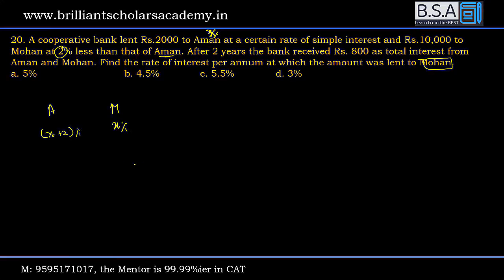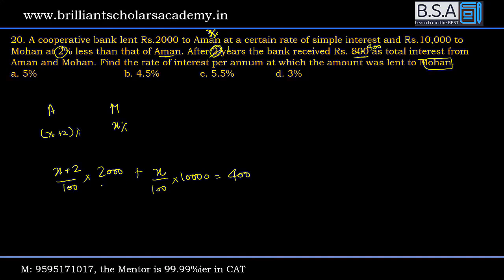So here, go directly for calculations. 2 years earning is 800. So 1 year's earning will be 400 rupees. So I can say now x plus 2 upon 100 for 1 year on 2000, and x percentage on 10,000 is equal to rupees 400.